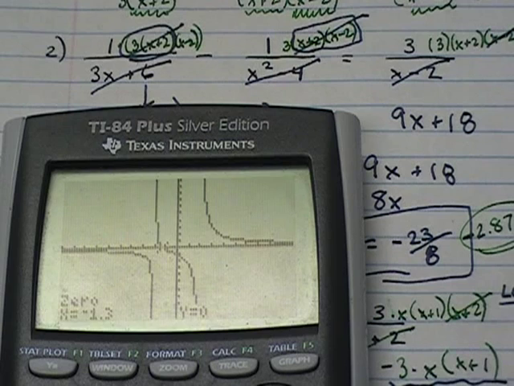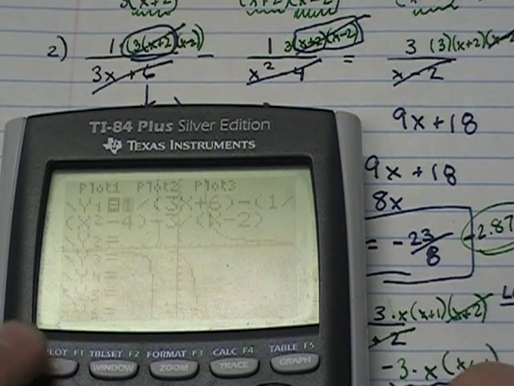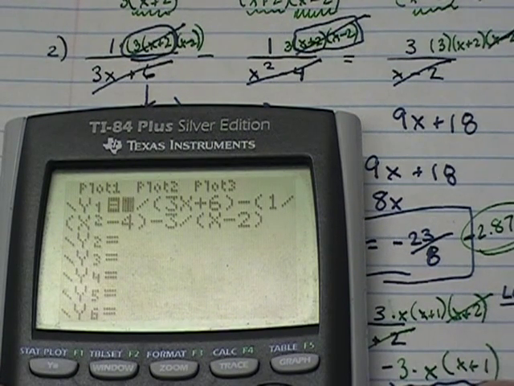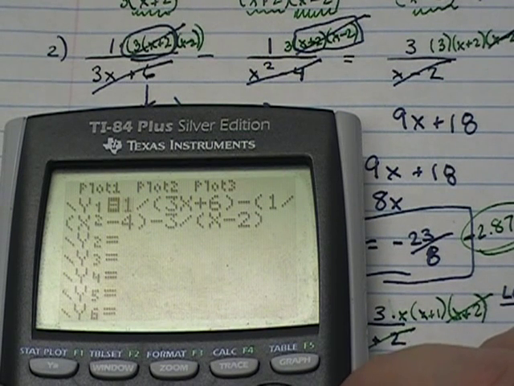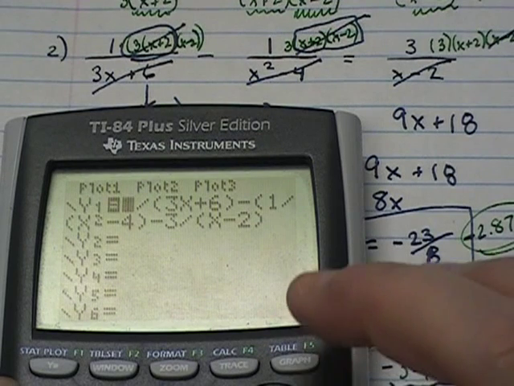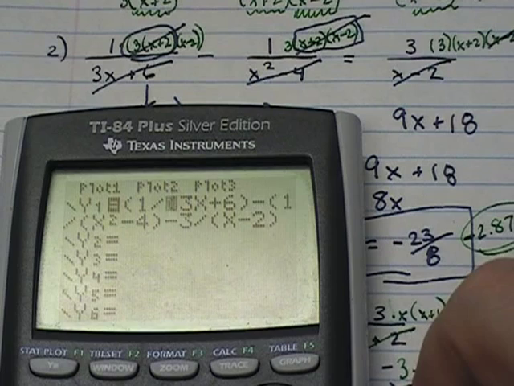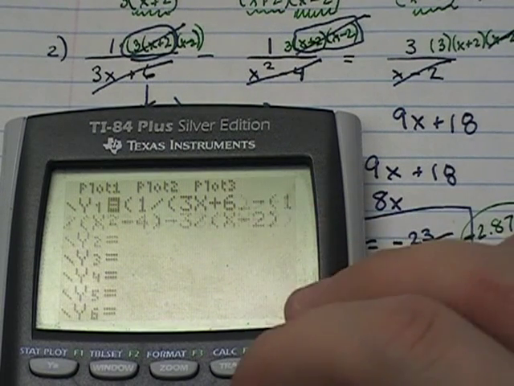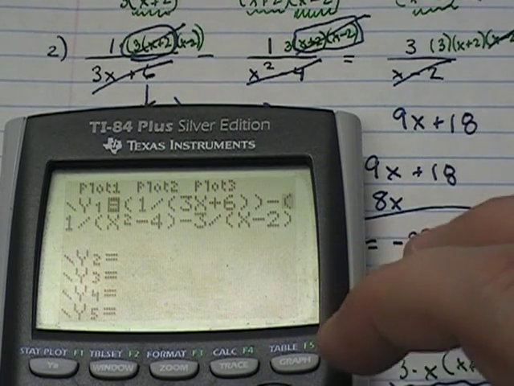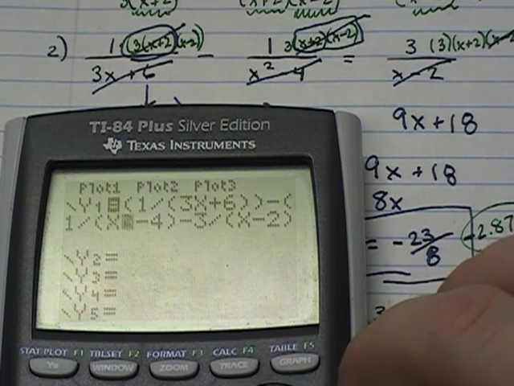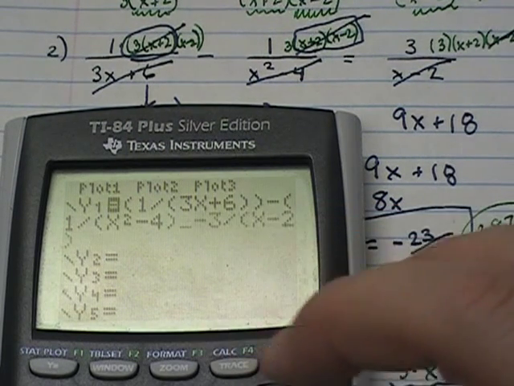Okay, and so either A, I typed it into y equals wrong, or B, I've got a wrong answer. So one of the things I'm going to tell you you need to learn to do is to put lots and lots and lots of parentheses. And I see where there's a problem.